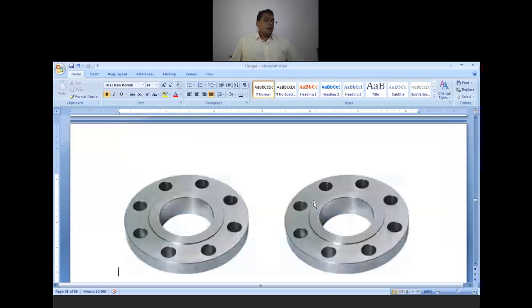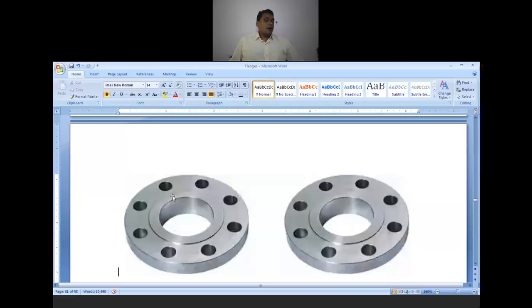Now what is a raised face? You can see here what the raised face is. The face is slightly raised. The actual depth is there and this section is raised, which means your gasket will be applied in this section only.